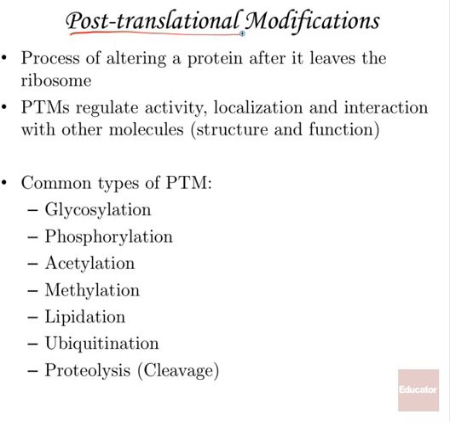Right? And some common types of post-translational modifications are glycosylation, and that's the addition of a sugar. We can have phosphorylation, which is the addition of a phosphate group. We can have acetylation, that's an addition of an acetyl group. Methylation, an addition of a methyl group.